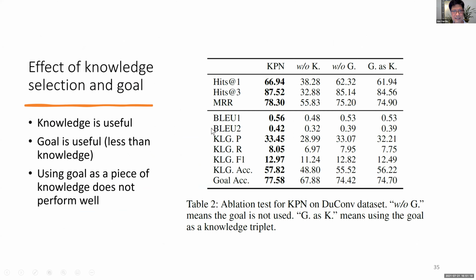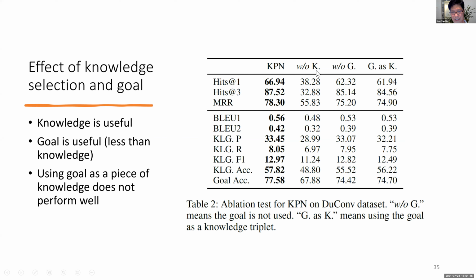Also, some comparison here is very interesting. We have this complete model, but if we remove the knowledge, we can observe a drop in hits at 1, at 3, and the mean reciprocal rank. And we can observe that there is a sharp drop when we don't use knowledge.